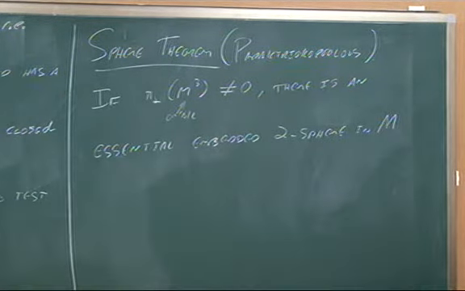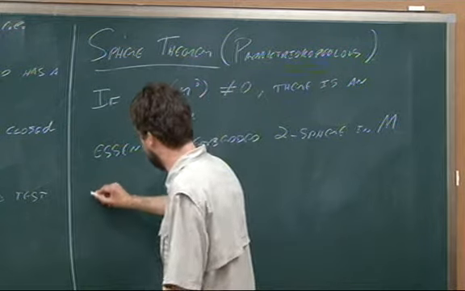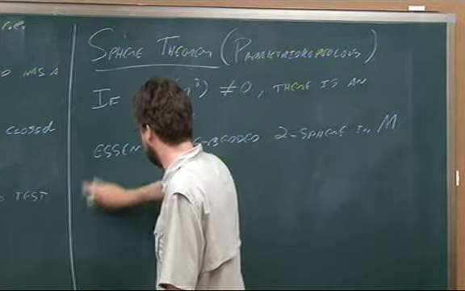If you have an essential two-sphere, you can find one that's in a very nice, what's called normal position with respect to the triangulation. And so it's a finite algorithmic procedure to list all the possible essential two-spheres. So, well, that's not obvious even from what I said, but it's true.